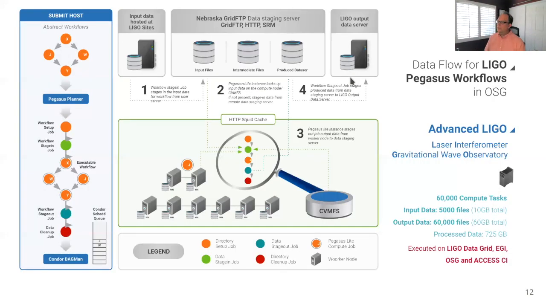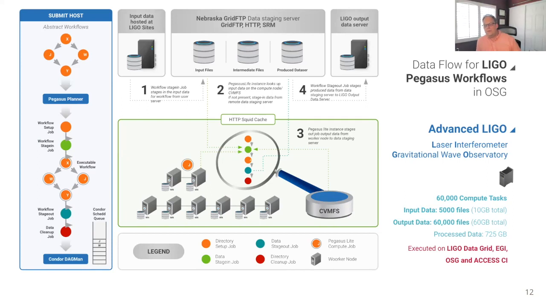So the first example here is LIGO, and LIGO is obviously one of our big success stories, but it's also really important to us because LIGO has been one of the feature requesters that drove Pegasus development for a long time. What I mean with that is that LIGO came, asked for features, and then they became general features in Pegasus that you guys can then take advantage of.